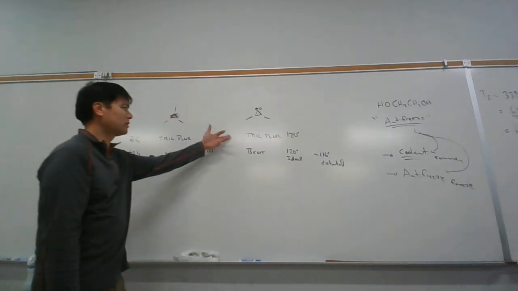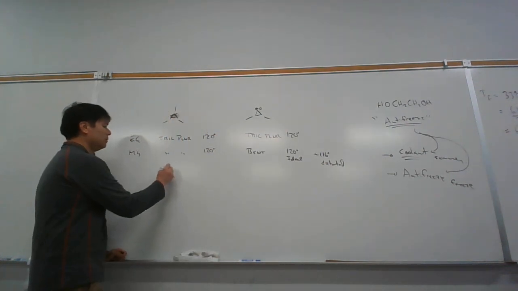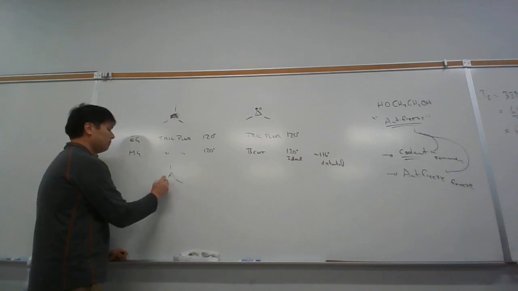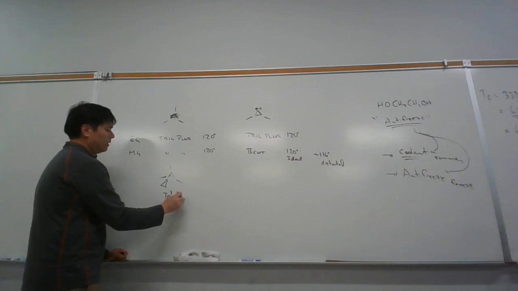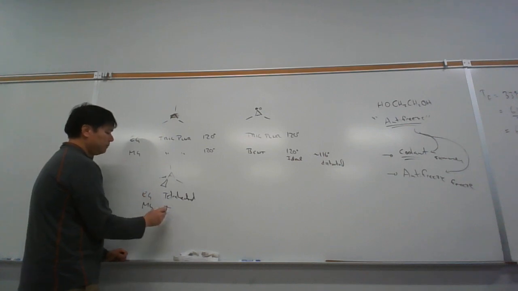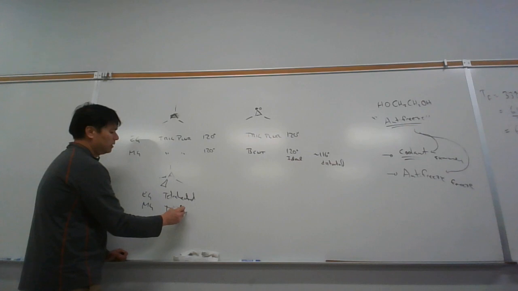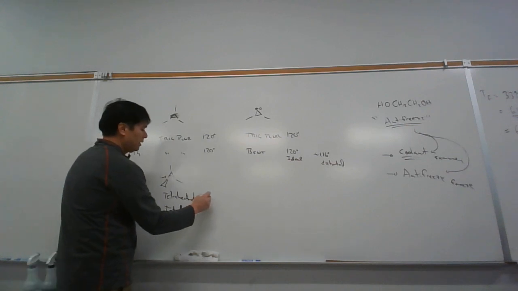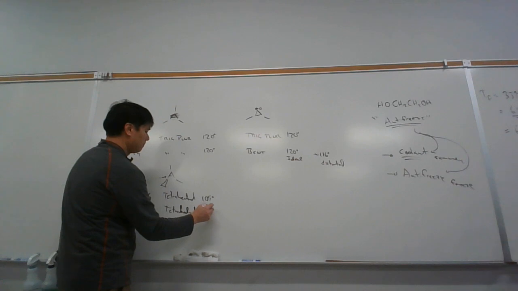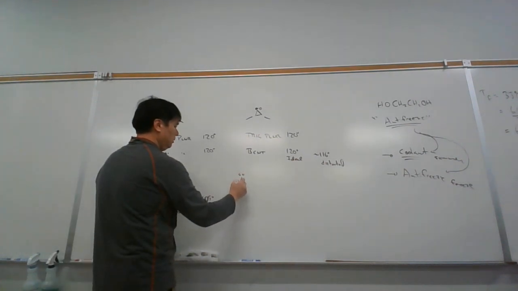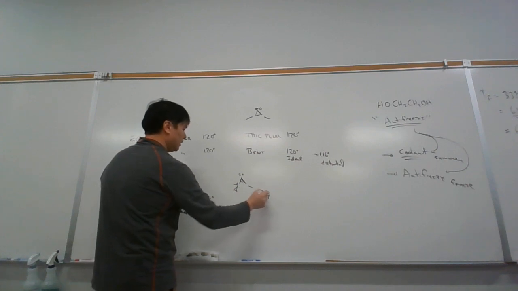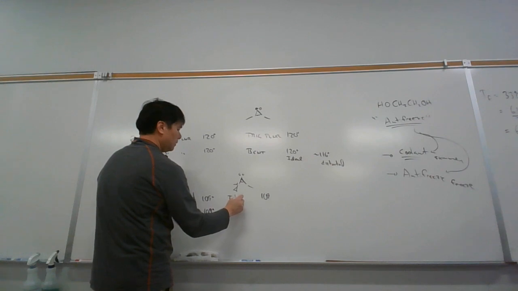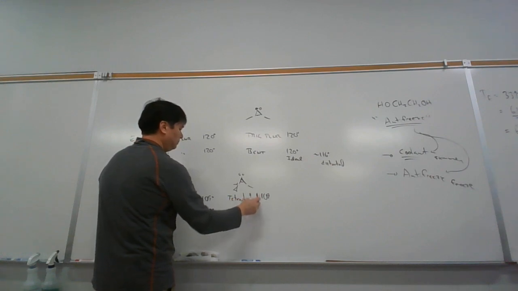And so the same thing with tetrahedral. If it's tetrahedral for the EG and the MG, then it's going to be 109, 109. But if we go to trigonal pyramidal, the electron geometry is going to be the tetrahedral ideal angle, 109.